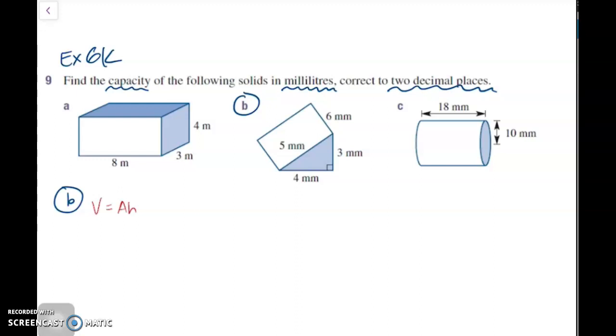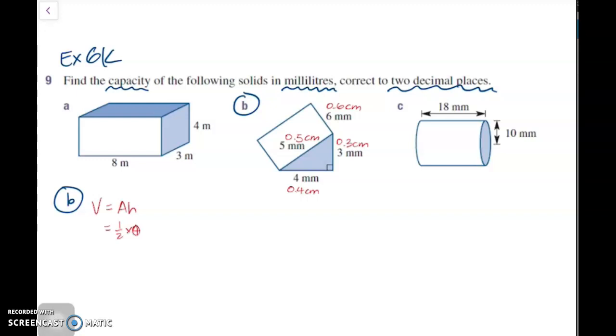4 millimeters is equivalent to 0.4 centimeters, 3 is 0.3, 5 is 0.5, and 6 is 0.6 centimeters. So my volume would be equal to the area of the base, which is the triangle at the front. So it'll be half times base times perpendicular height.